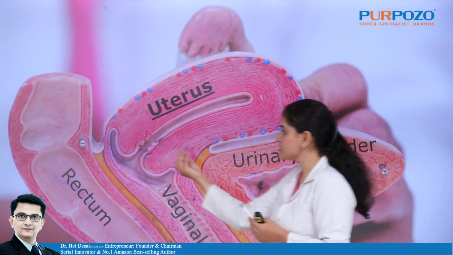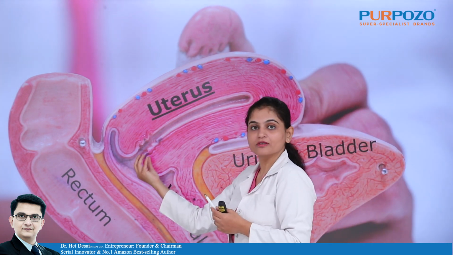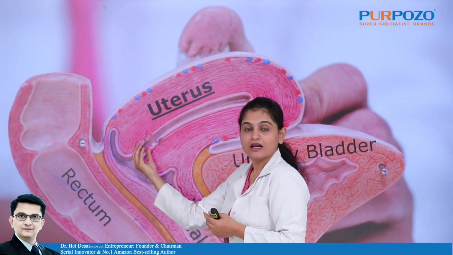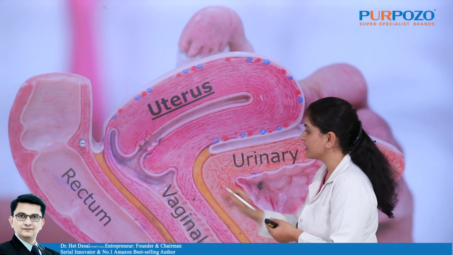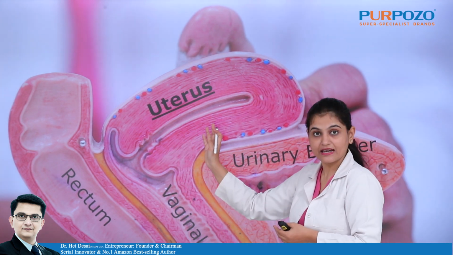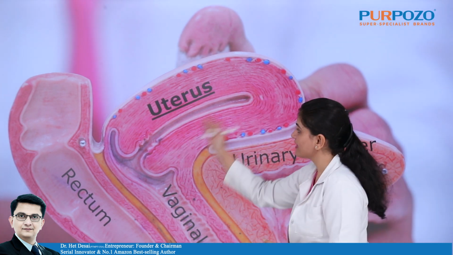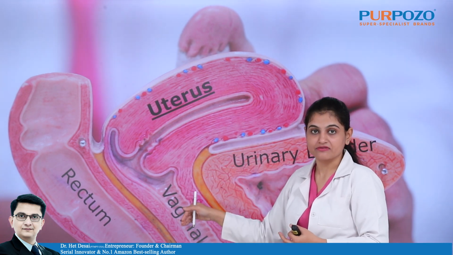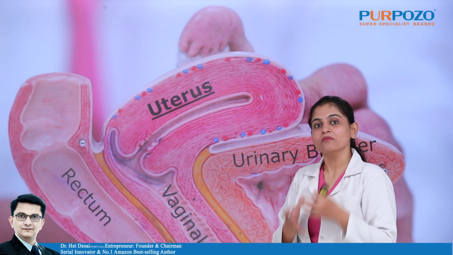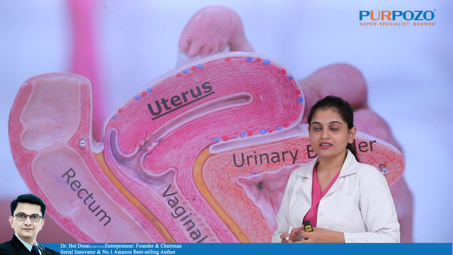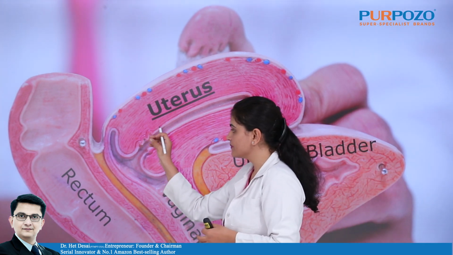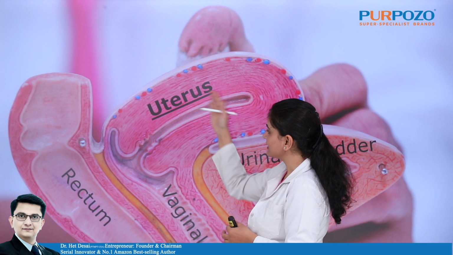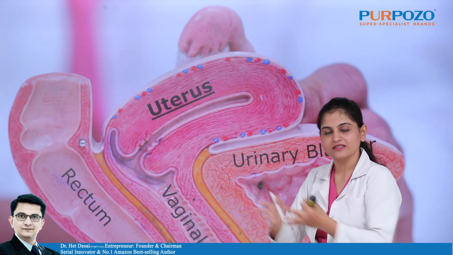Like that, the plug of mucus is stuck here. It does not allow external infections to go inside, and it also prevents preterm labor or preterm delivery. At the time of childbirth, this mucus plug is released and that initiates the process of birthing.